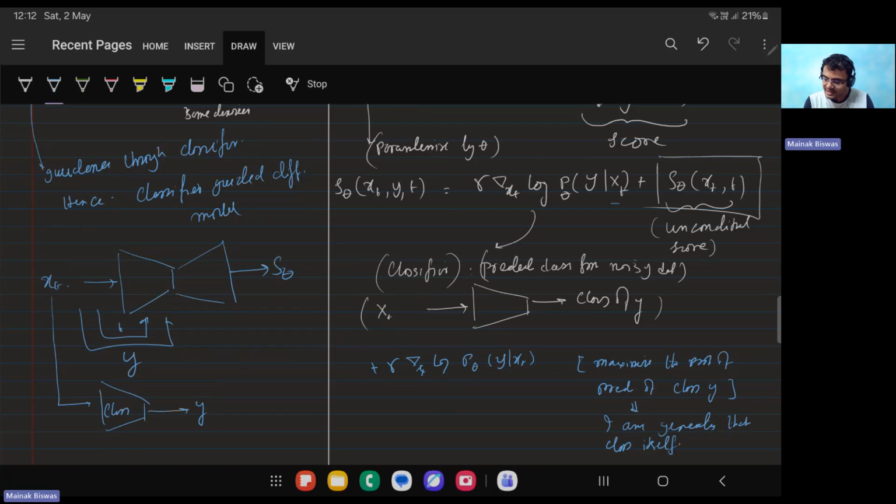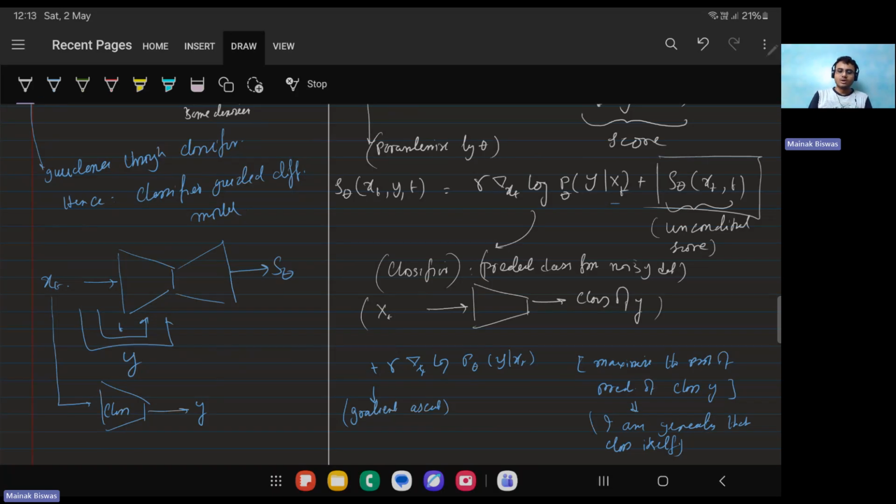It's just gradient ascent. Look at it as gradient ascent. So I am improving the features such that the probability of a particular class is enhanced.